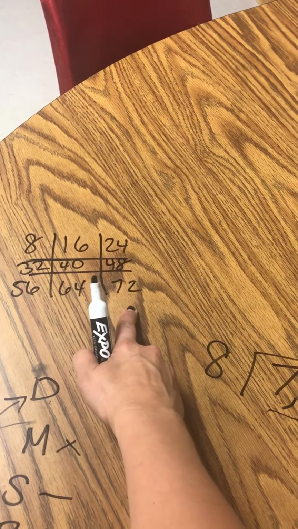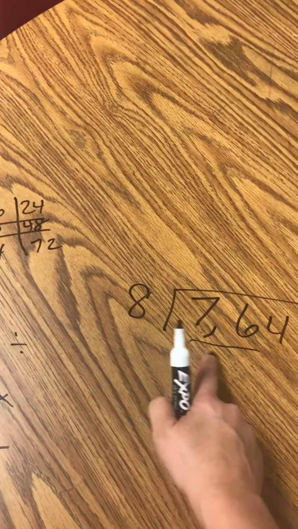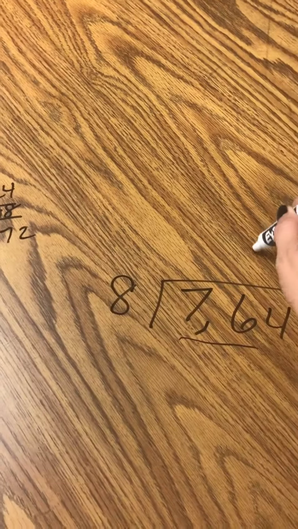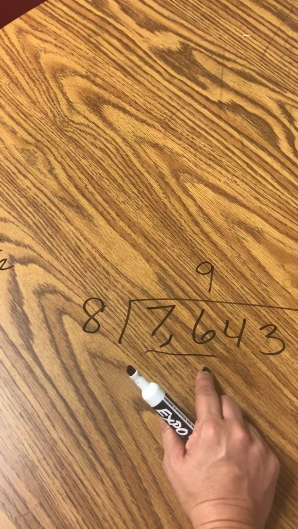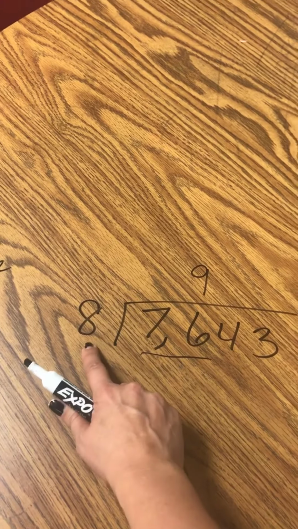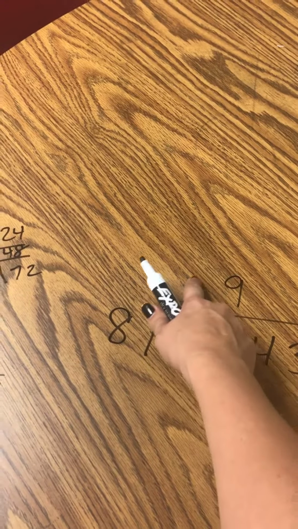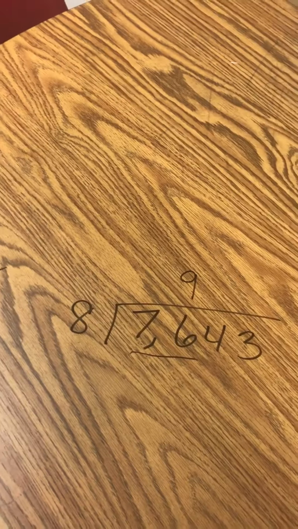If we were to count by 8 again, that would be 80, and that would go over the 76. So we can say that 76 divided by 8 equals 9. I place my 9 above the 6 because since we tried to divide 7 by 8 and we couldn't do that, we get nothing. Therefore, you can put a 0 there if you want to, or you can just leave it blank.